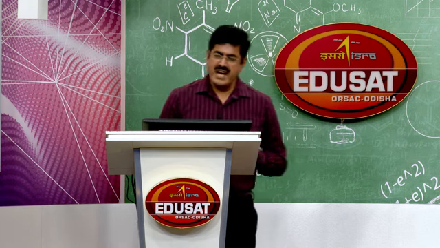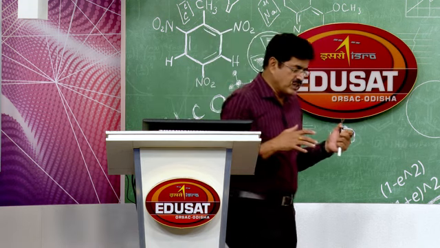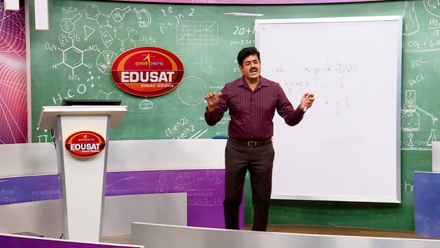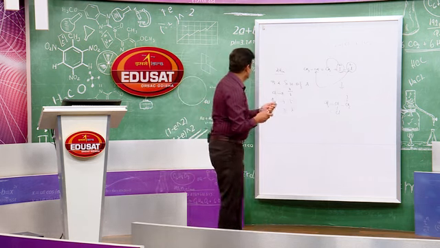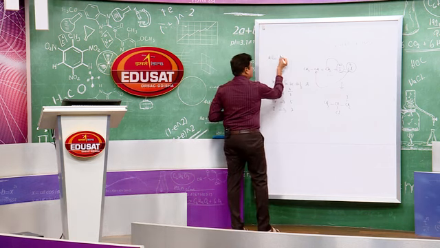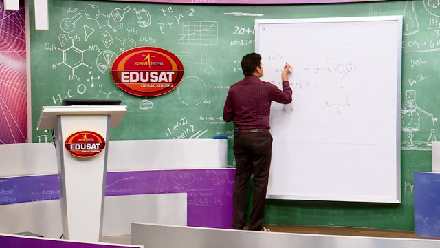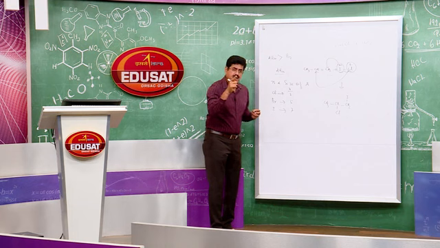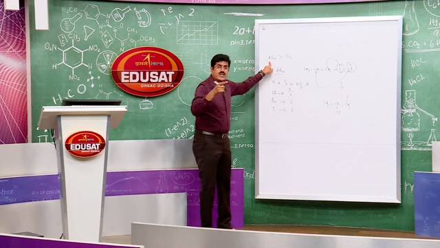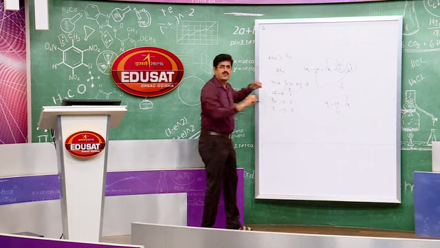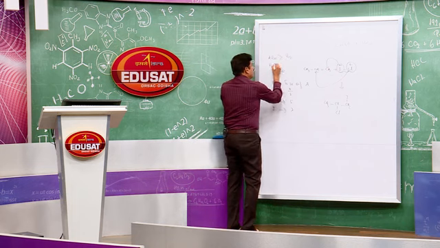About the reactivity, if we compare the interhalogen compounds, for example, I will compare the reactivity between ClF3 and fluorine. If we compare the reactivity, ABn is more reactive than B2, provided B should not be fluorine.